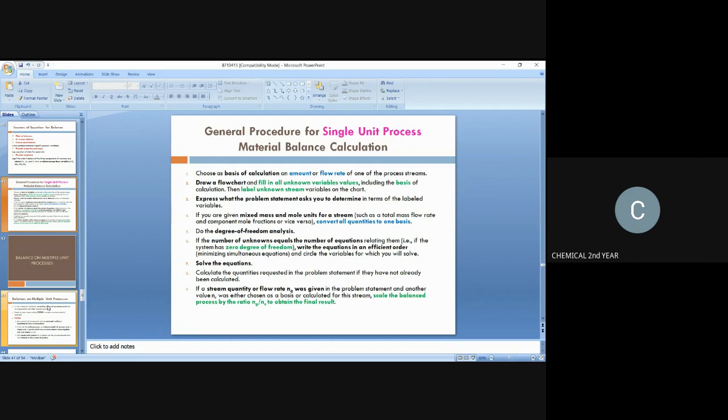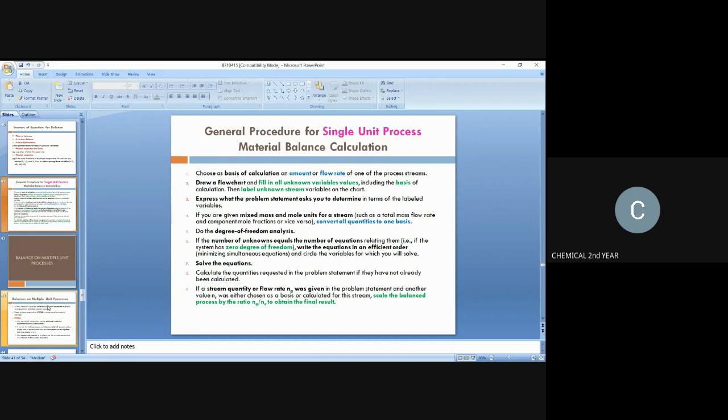Do the degree of freedom analysis. If the number of unknowns equals the number of equations relating them, the system has zero degrees of freedom. Write the equations in an efficient order, minimizing simultaneous equations, and circle the variables for which you can solve. Solve the equations.